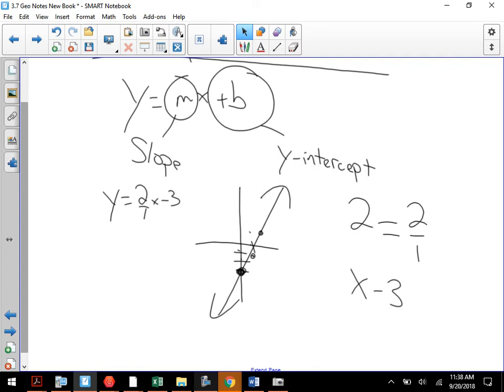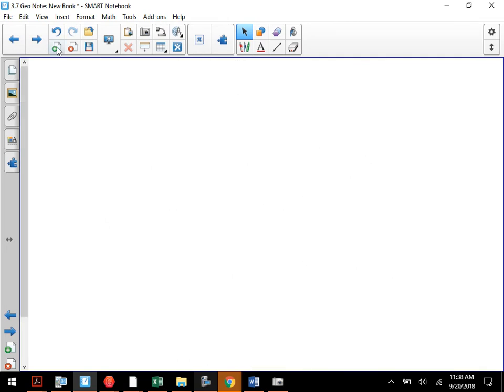So what happened was sometimes you were given information. Let's say you had a slope of -2/3 and a y-intercept of 4, and I asked you to write the equation. If you have a slope of -2/3 and a y-intercept of 4, what's your equation?